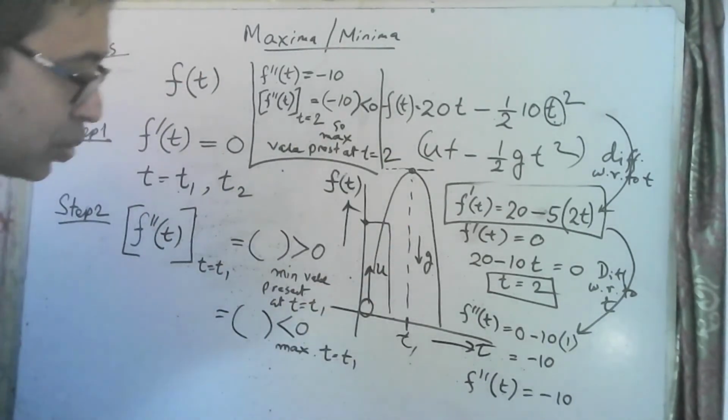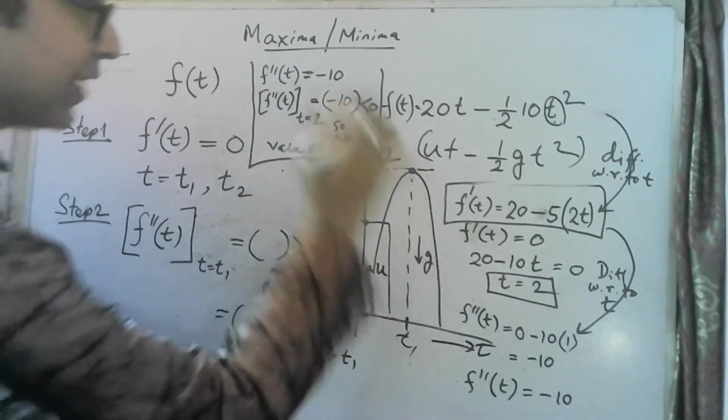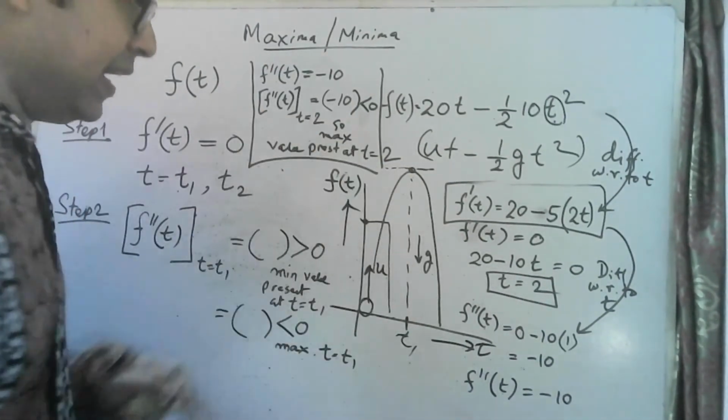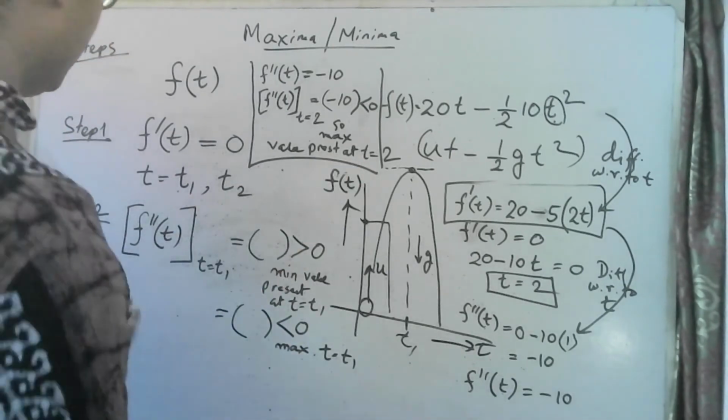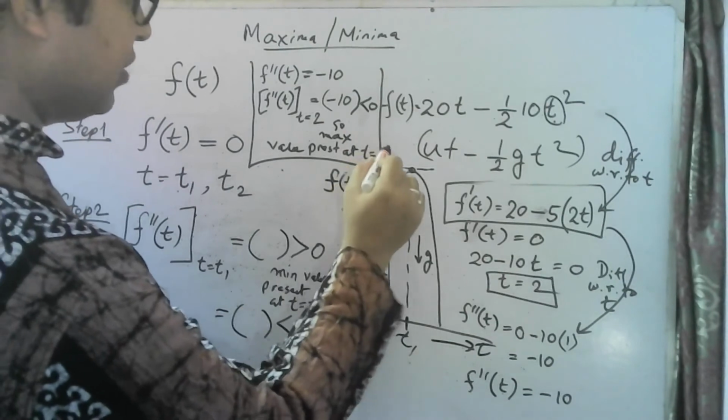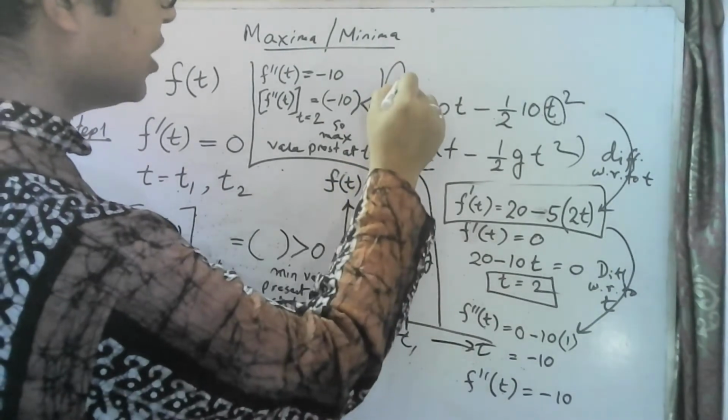So at t is equal to 2, the maximum value is present. Then how much is the maximum value? Put this t is equal to 2 value in this equation.